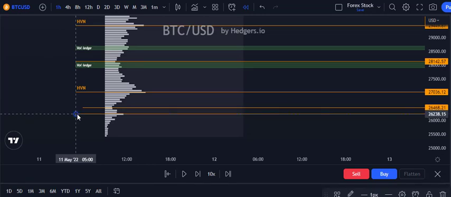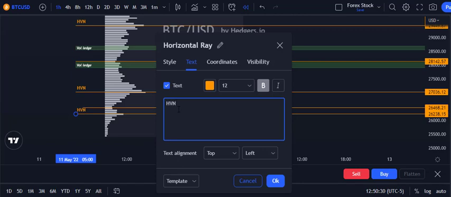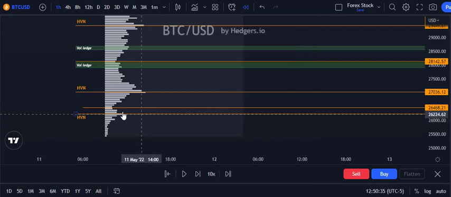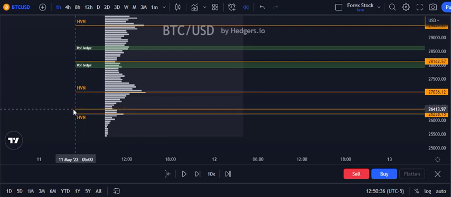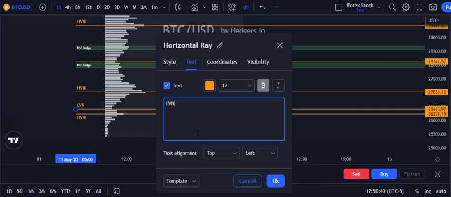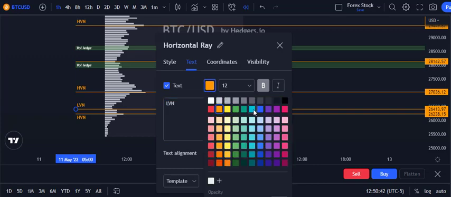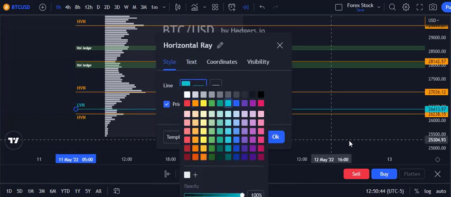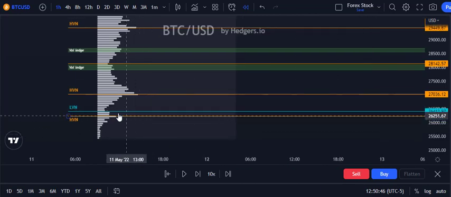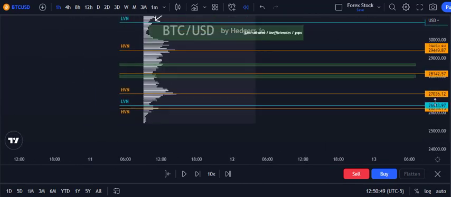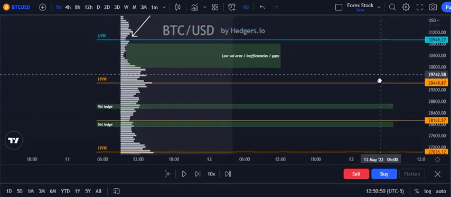That's not significant, but it can be used for support and resistance later on, because we have a low volume node aligned here as well. So I want to mark this as a significant area of interest.